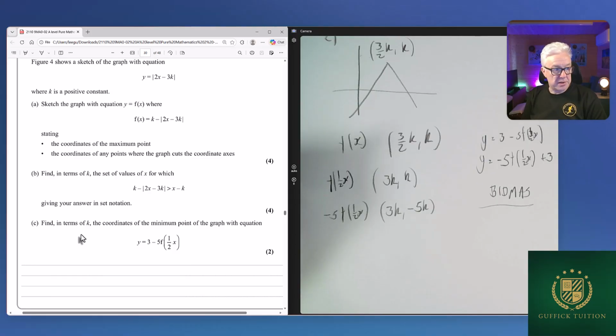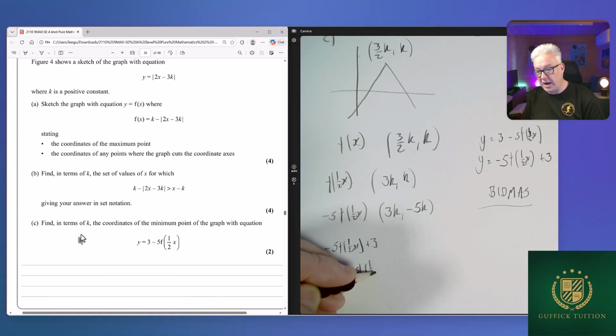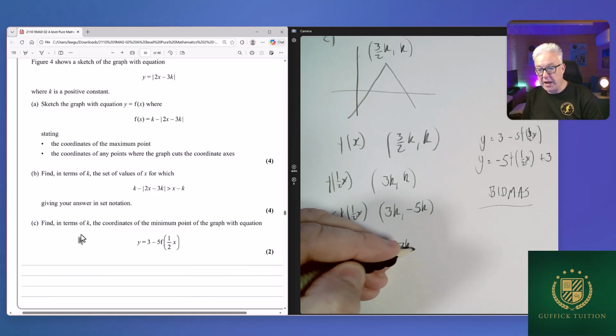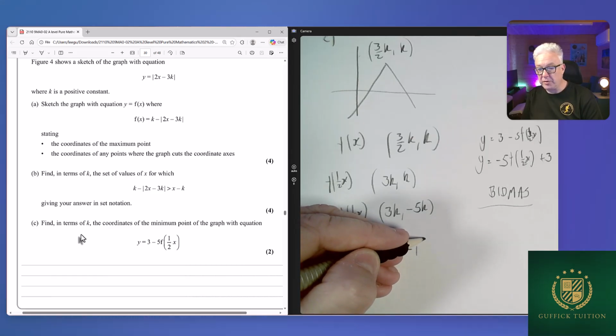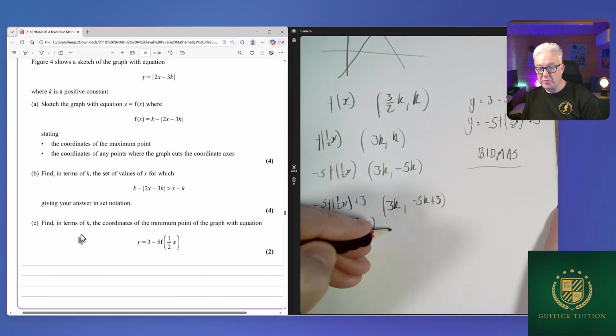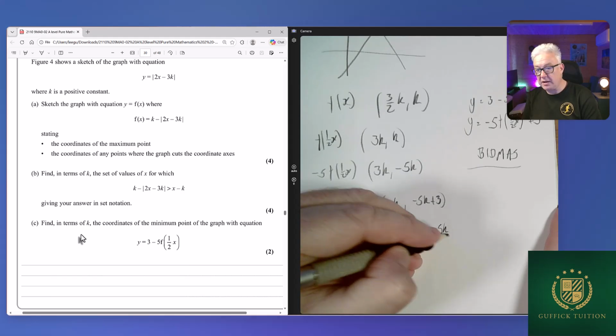Right, we're getting there now, slowly, and then let's see what's going to happen next. What's going to happen next is now we have got to add 3. So we've now got minus 5 times f of a half x add 3, which is the same as 3 minus 5 times f of a half x. So our x is still the same, it's still 3k, but we've now added 3 to the whole thing, so it's going to be minus 5k add 3, which we could write as 3 minus 5k, like that.